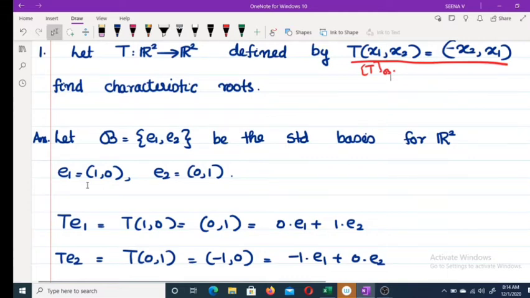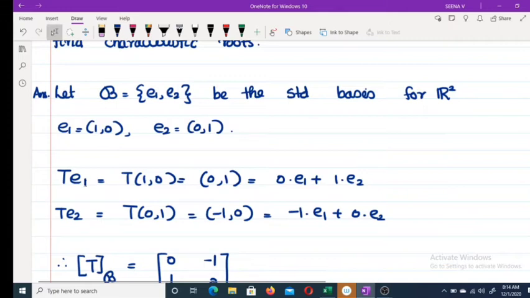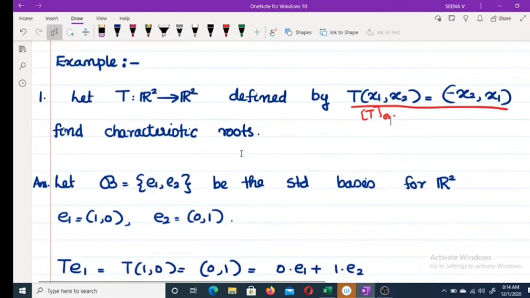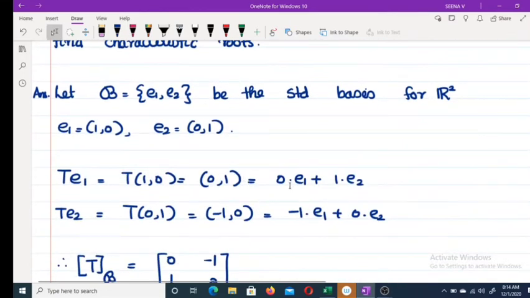You can directly evaluate the matrix. Now, what is TE1? TE1 is T of (1, 0), which is equal to (0, 1) by definition. And (0, 1) you can write as 0 into E1 plus 1 into E2.